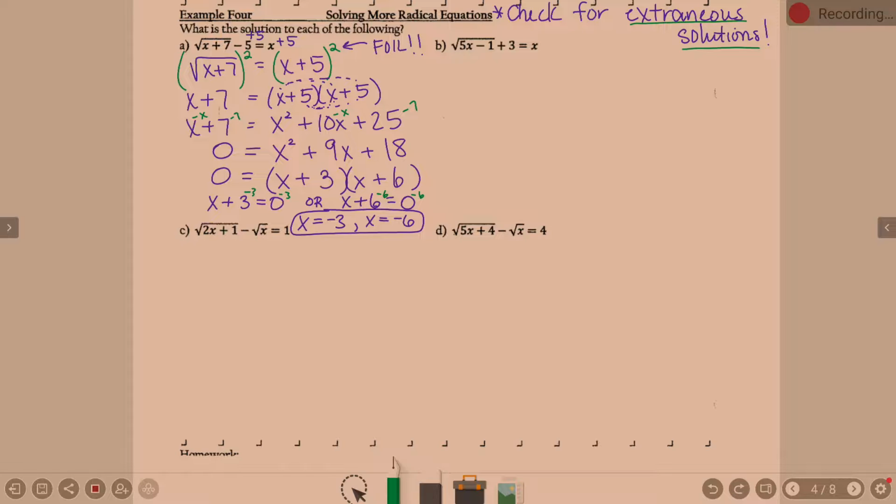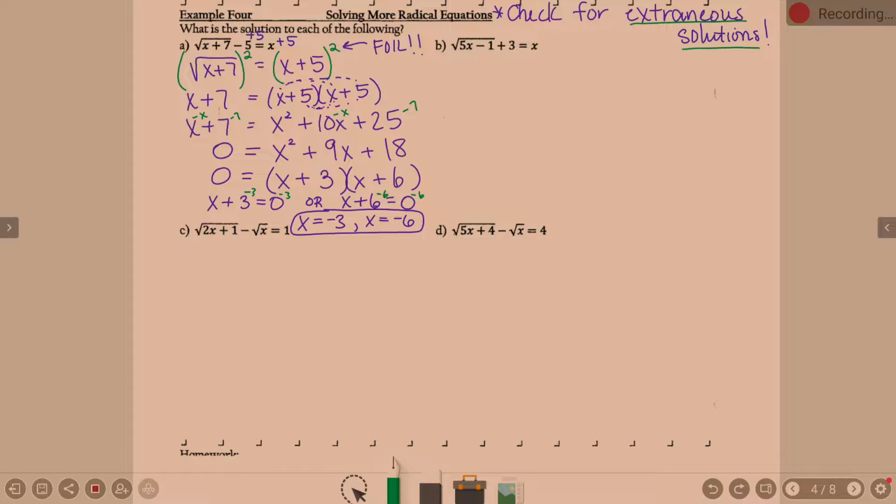I figured you could. Okay, so we need to check our solutions. Do you remember how to check solutions like this? We're going to take our answer and go back to the original equation before I changed anything, and plug it in.